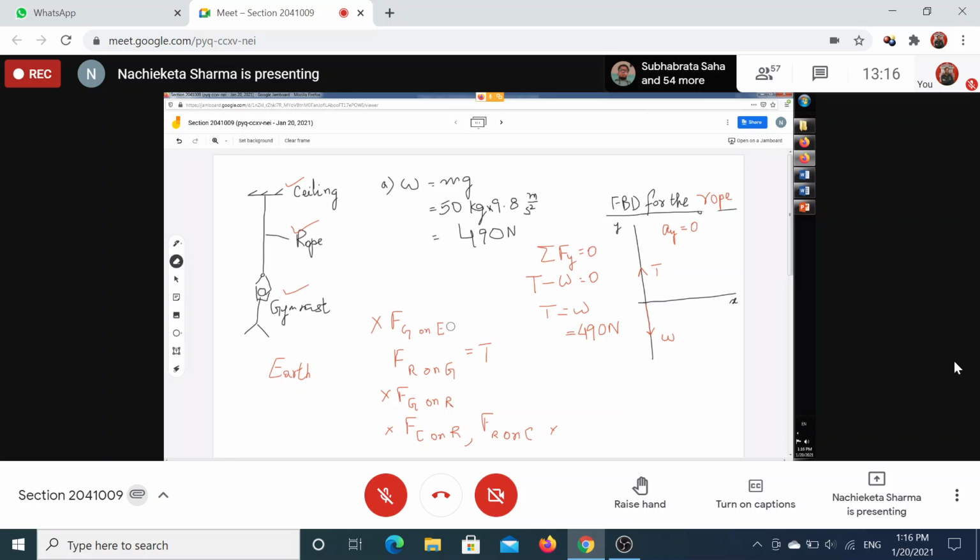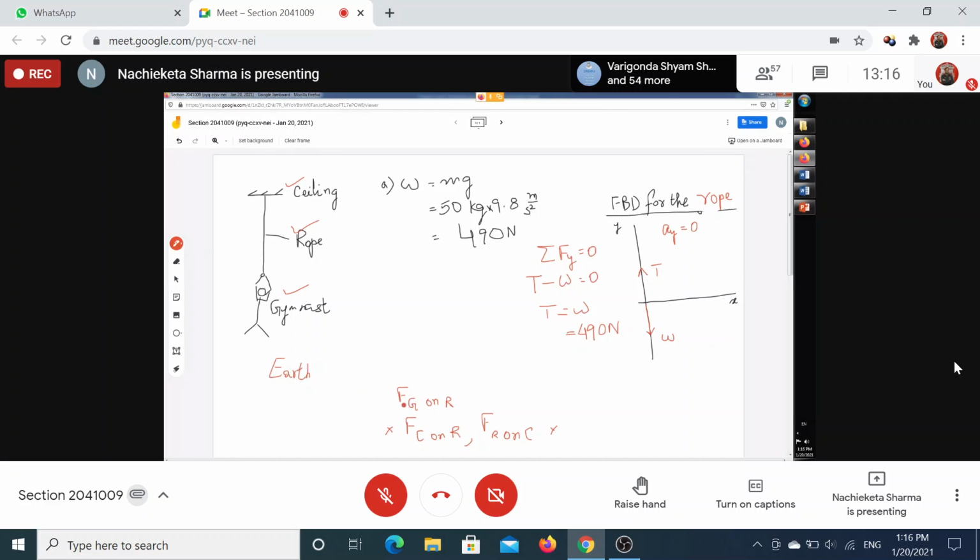The force of G and earth, this also I am not going to include. This I will include, because force exerted on the rope by others will be included.